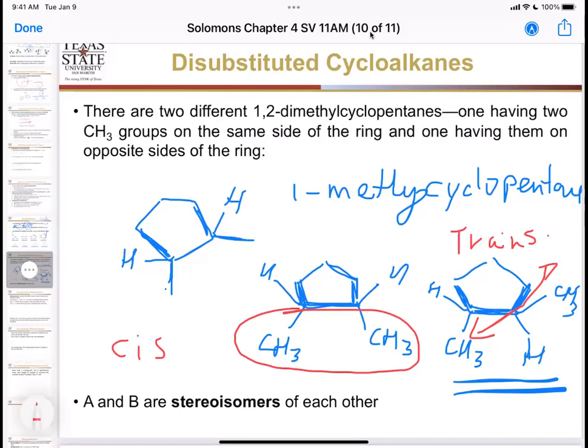So we have 2 possible isomers available to us in cycloalkanes, because we don't have the freedom of motion of the ring anymore. We've restricted it, so we now have a top and a bottom, and we have to assign that as a top and a bottom.